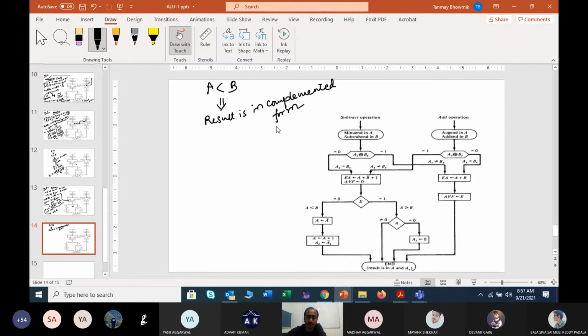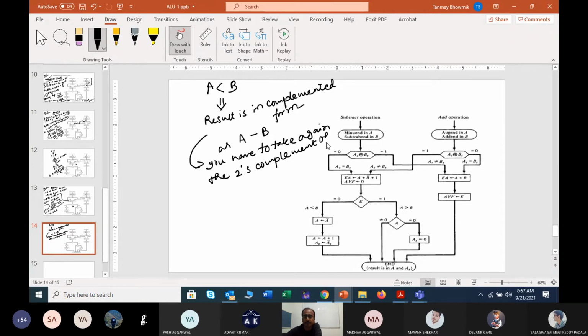Your result is in complemented form as we were performing A minus B. So that means you have to again take the 2's complement of the result, right? So what was stored in A?